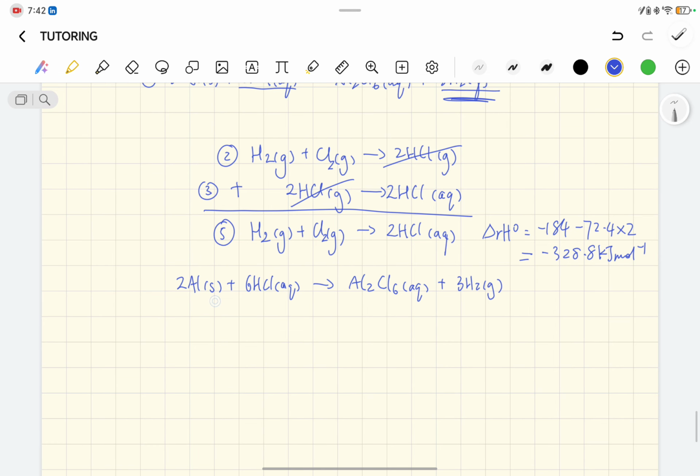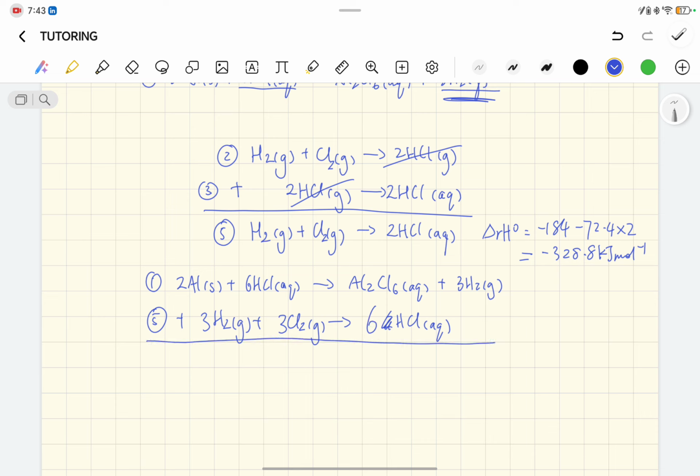And we'll be adding on reaction 5, which is H2 gas plus Cl2 gas going to 2HCl aqueous. And how many times do we add on 5? We'll add it on 3 times because we want to remove 6 moles of HCl aqueous and 3 moles of H2 gas. So we're gonna put a 3 in front of everything, and this becomes a 6.